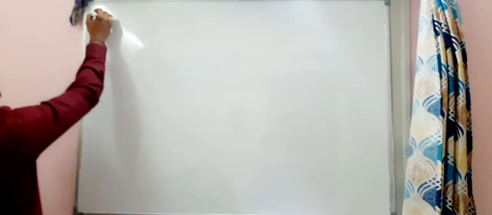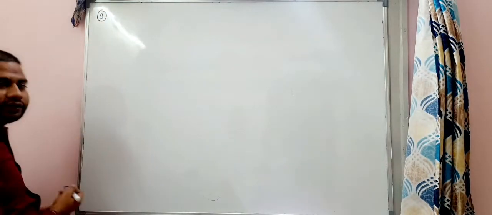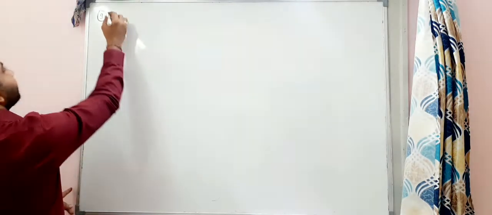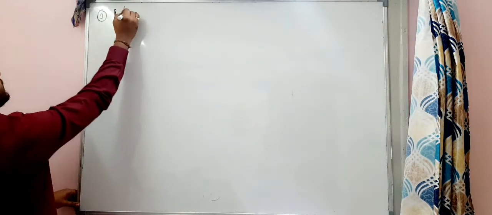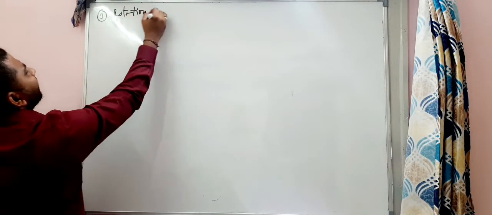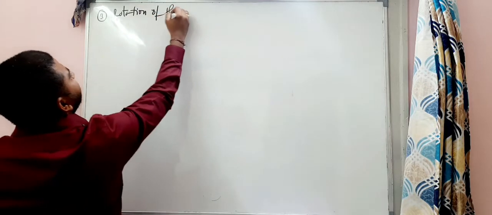Now let's discuss acceleration due to gravity and how it varies with the rotation of the earth. The third important factor affecting the g value is rotation of the earth, my dear students.